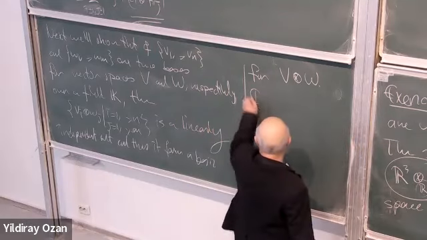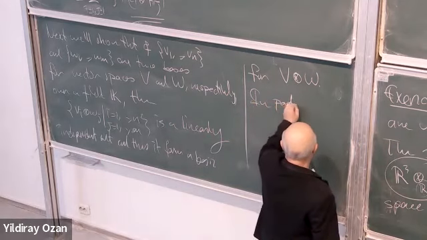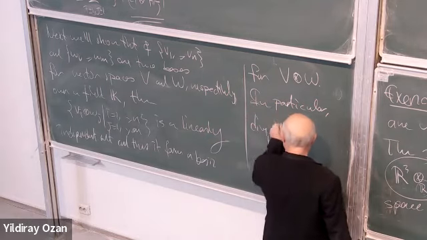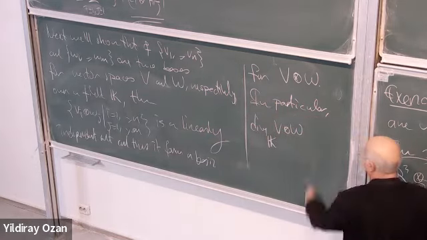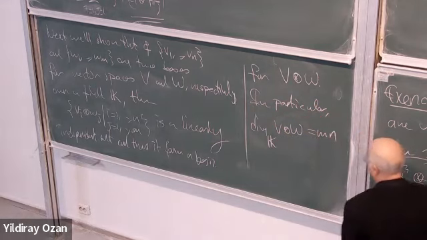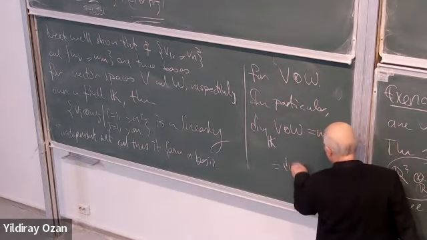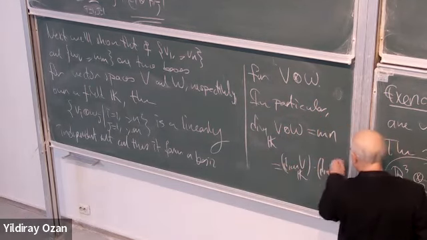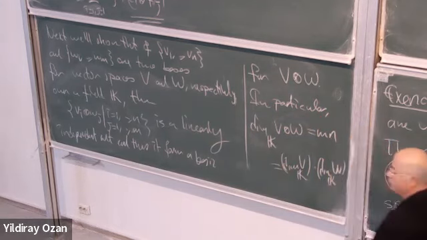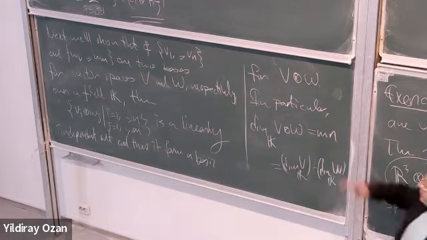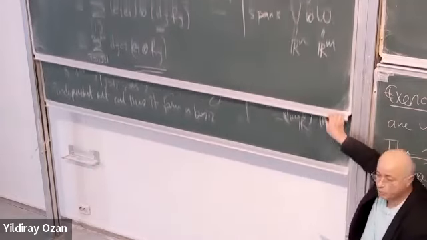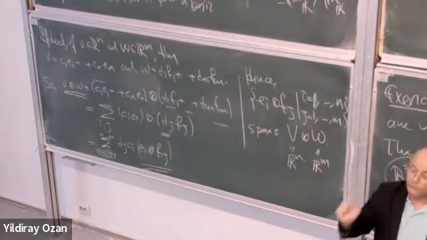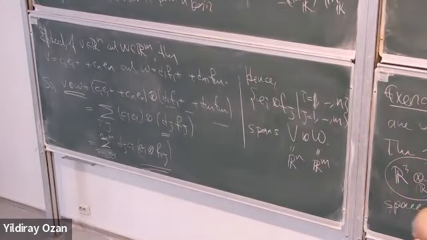In particular, the dimension of V tensor W will be just m times n, in other words, the dimension of V times the dimension of W. So when you take the tensor product of two vector spaces, the tensor product will have dimension which is equal to the product of the dimensions of the vector spaces.